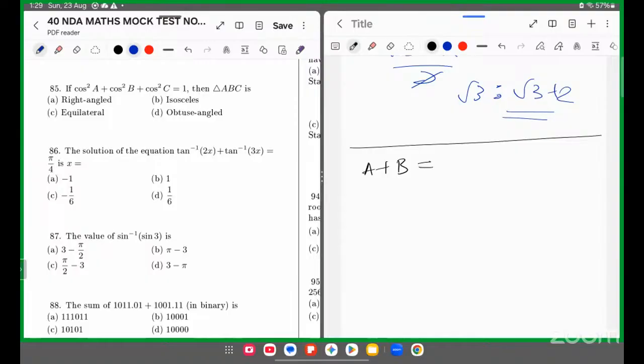This is actually a well-known result of a right-angled triangle. In a right-angled triangle, cos square A plus cos square B plus cos square C equals 1. Therefore, one angle will be a right angle, so the triangle will be right-angled.